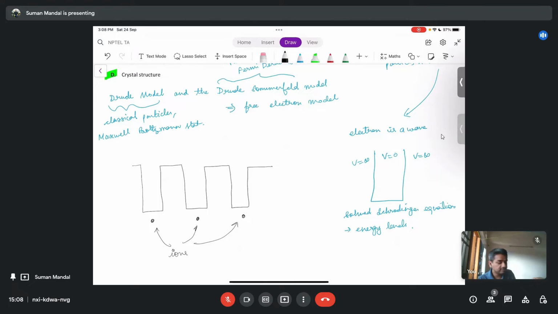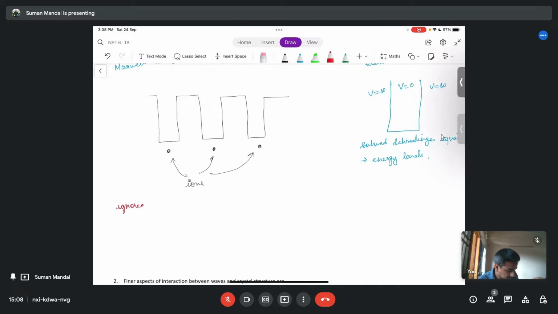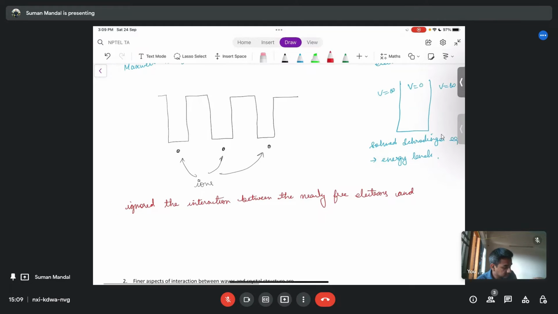Till now, we have ignored the interaction between the nearly free electrons and the periodically arranged ionic cores.